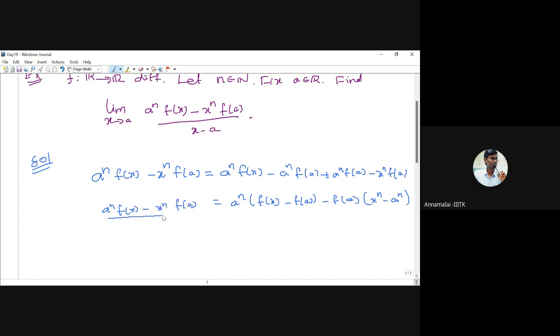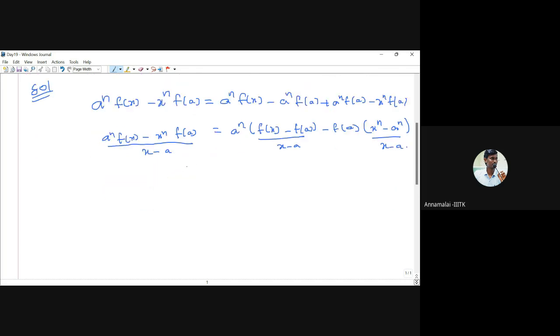Okay. Now this is the value of a^n f(x) - x^n f(a), and now you consider it divided by x - a. Therefore this is divided by x - a, and here we have divided by x - a. Now take the limit as x goes to a.